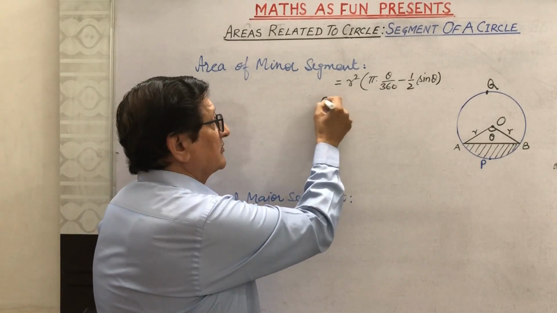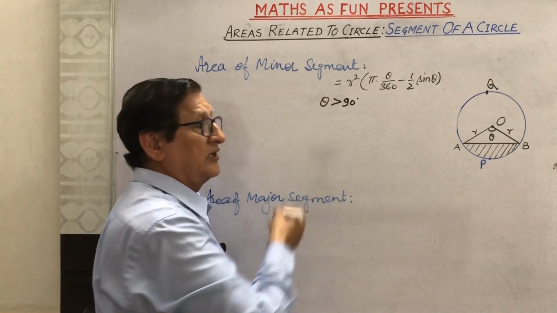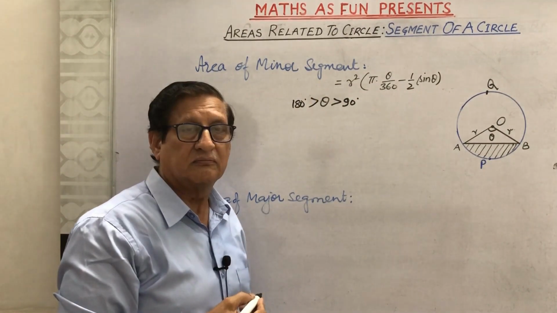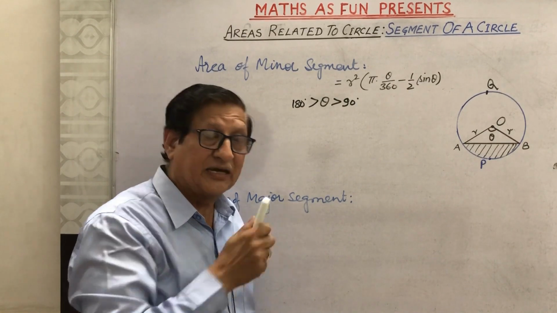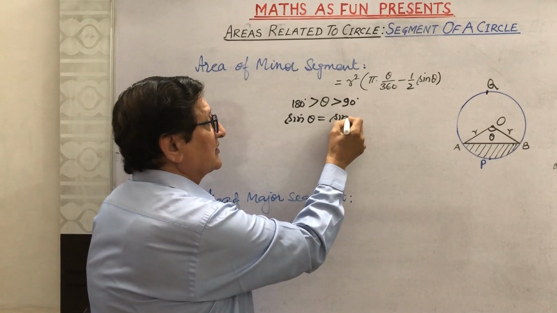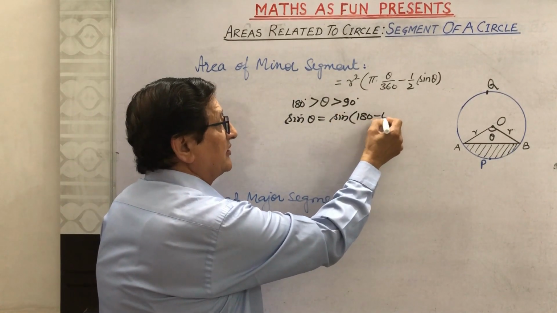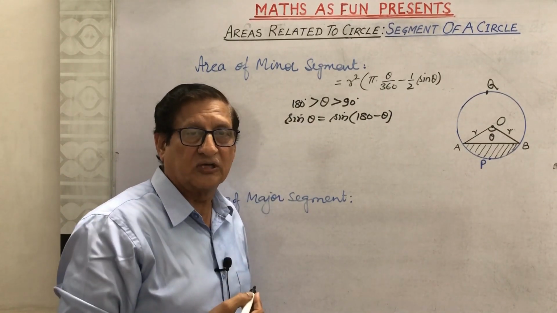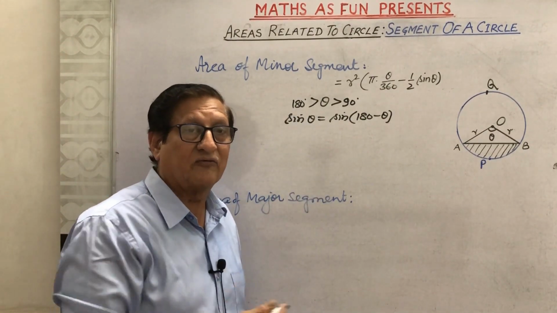If the angle theta is greater than 90 degree and it is less than 180 degree, then the value of sine theta will be same as the value of sine of 180 minus theta. They should know. The students of 11th and 12th, they know how to find out this and why it is.